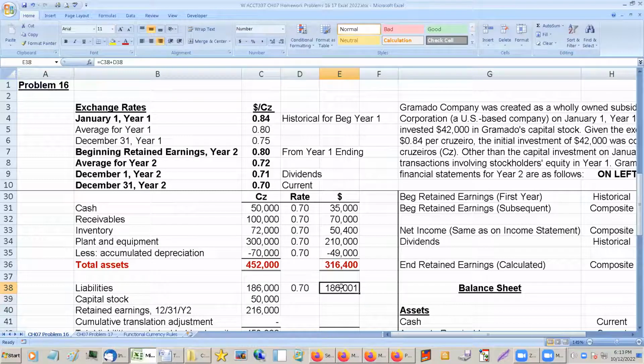And Marky just did a dumb. Let's try that again. Multiply. I think I hit plus. There we go. That looks more like it. Capital stock. Here's a question for you. What rate does that go in at?